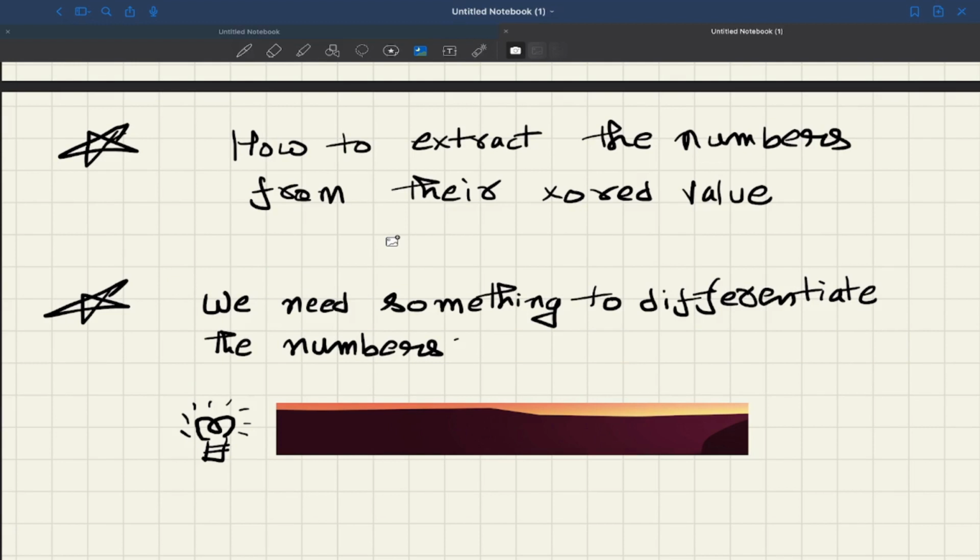Basically, we have the XOR value of these two numbers, and these two values are also present in the array, right? If we think of any mechanism, if we think of something that can differentiate these two numbers, then I can get close to the answer. At least I have something through which I can differentiate these two numbers. I do not have the exact values of these numbers, but from their XOR value, can I get any hint, or any idea, from which I can differentiate these two numbers?